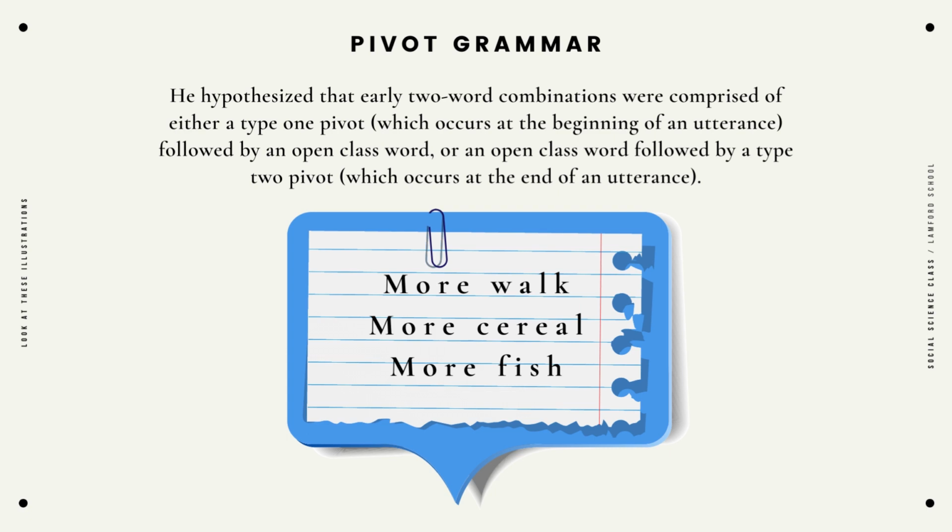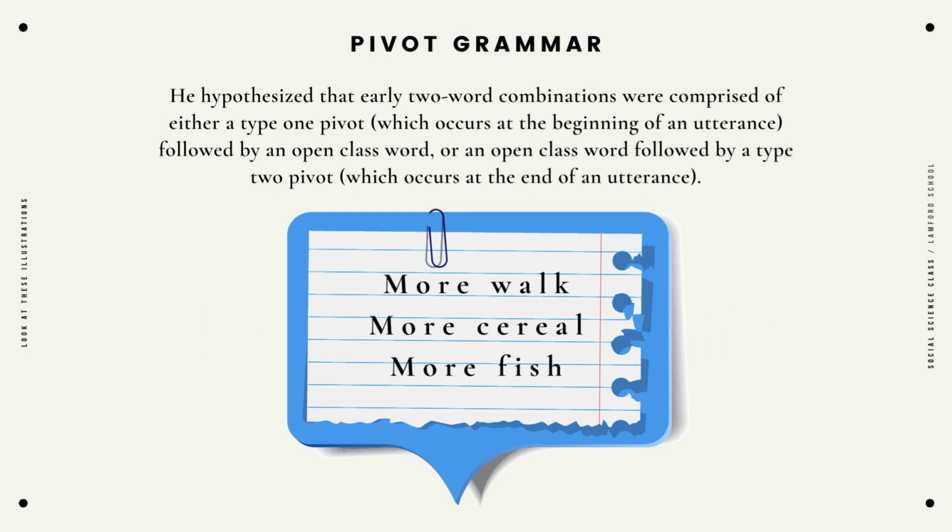He also hypothesized that early two word combinations were comprised of either a type 1 pivot, occurring at the beginning of an utterance, followed by an open class word, or an open class word followed by a type 2 pivot, occurring at the end of the sentence or utterance. For example, with these three phrases, more walk, more cereal, and more fish, the type 1 pivot is the word more, occurring at the beginning of an utterance, and it's pretty consistent.